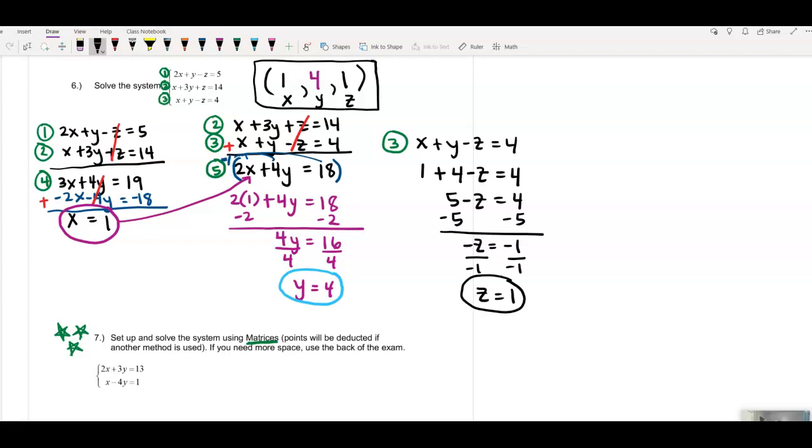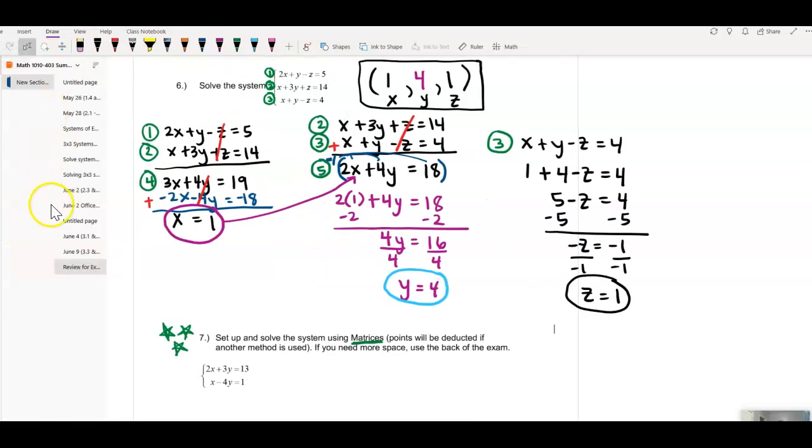Just trying to decide if there's a good one to do here. All right, let's try this one. Maybe what I'll do is this on a different page just because I think we're going to need more room here.